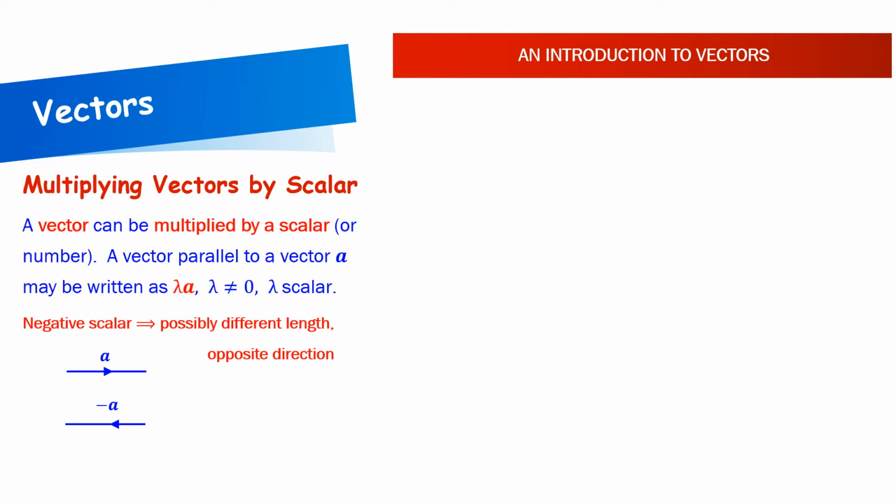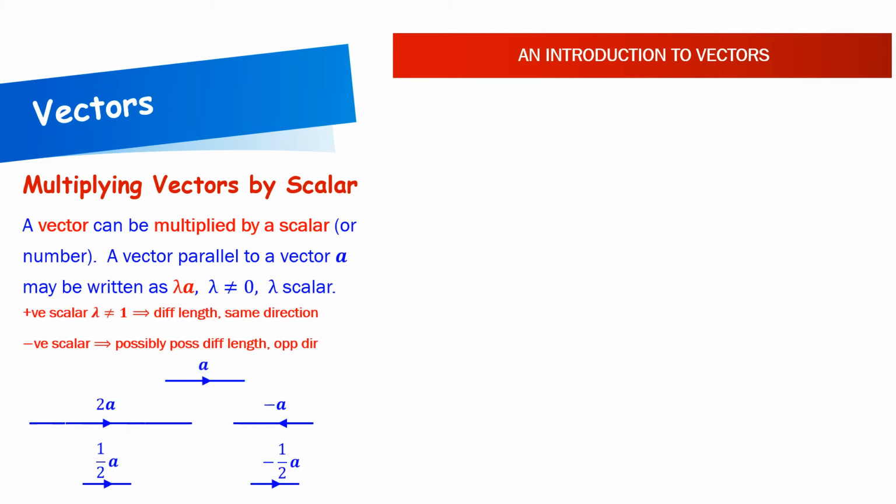Notice that the length is the same, because lambda equals minus 1. However, the direction, as you can see, has changed. And here's minus a half a. The size of the vector a has halved, and it's going in the opposite direction also. Here's a summary.